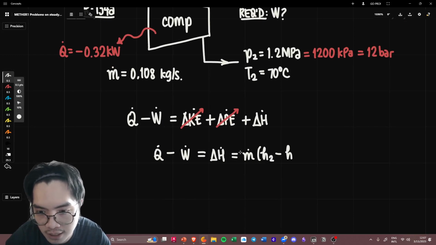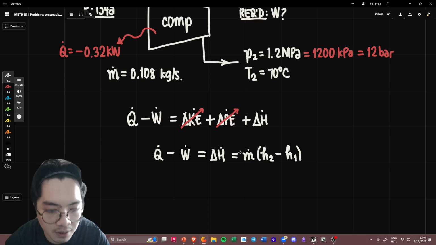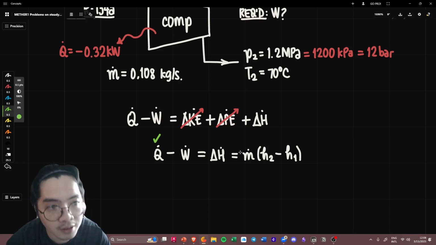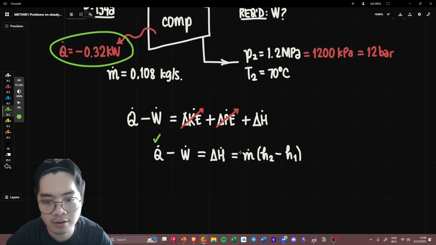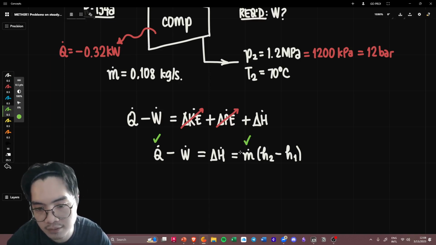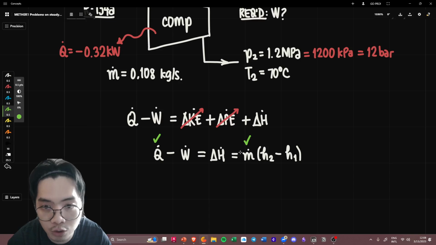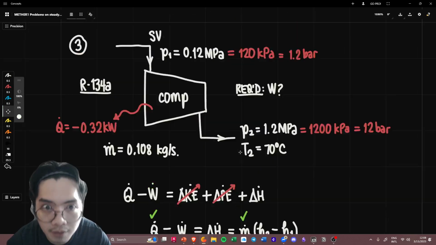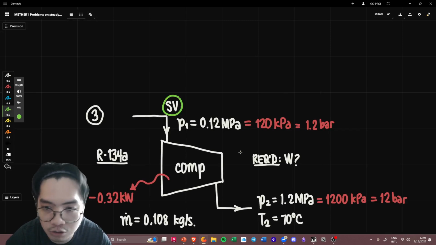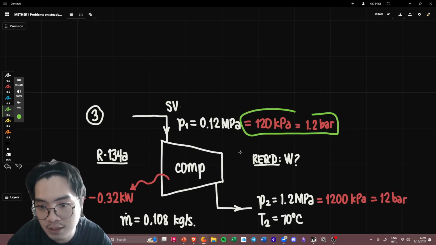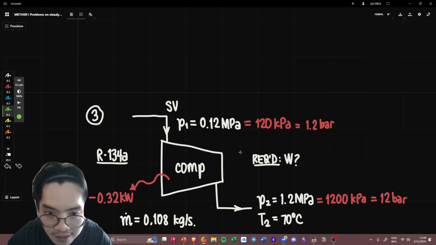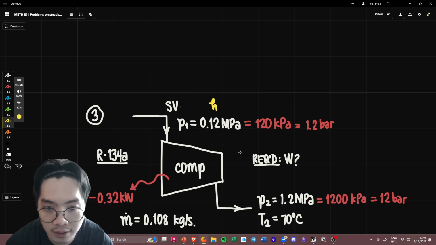H2 minus H1. The thing about this now is that we have a value of Q dot. We just found that out earlier. And we have a value of M dot. Do we have values of H2 and H1? Not yet, but because we know it's a saturated vapor at this certain pressure, we can find the value of H1, right?